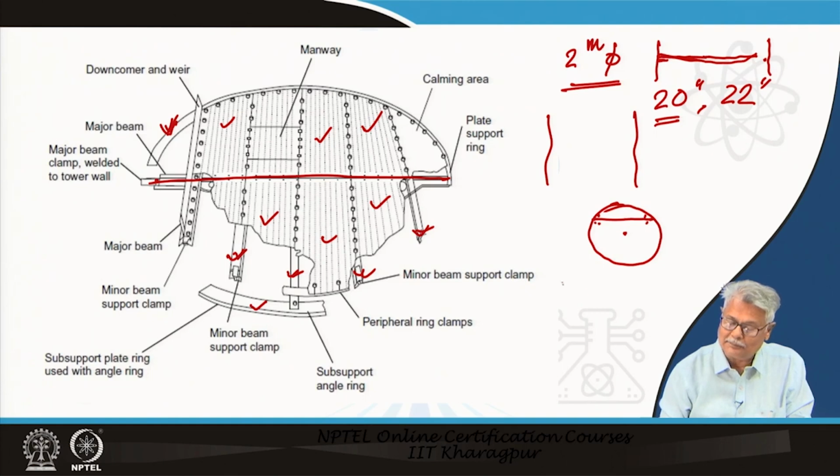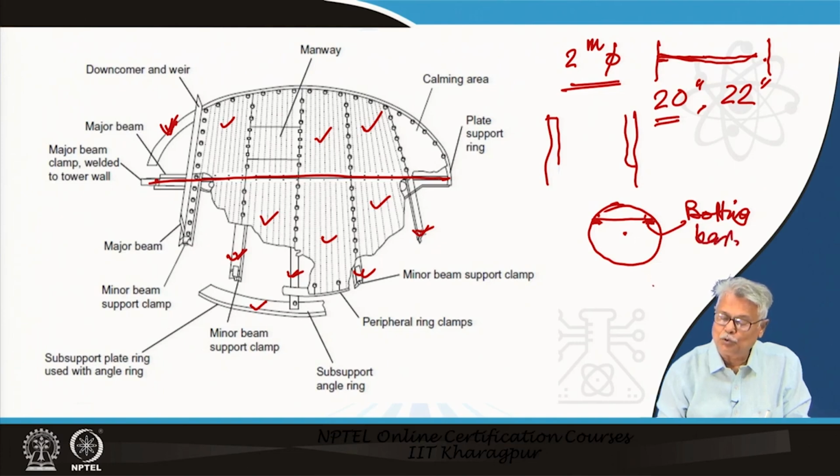So, what is done? You have a bar welded here, which is called a bolting bar. In fact, there are two bolting bars at the two ends of the downcomer, and your downcomer below the deck is bolted here. You have a bolting here.